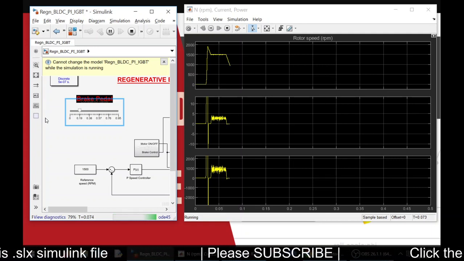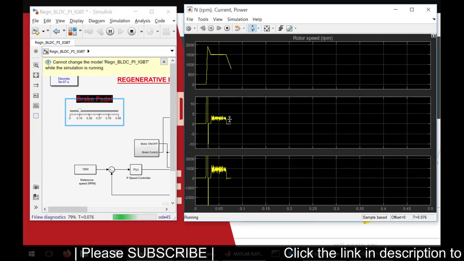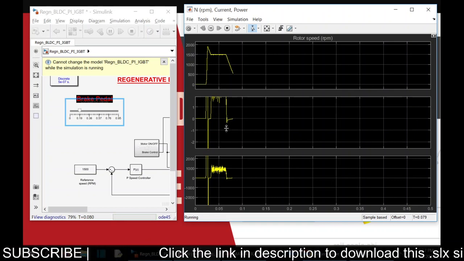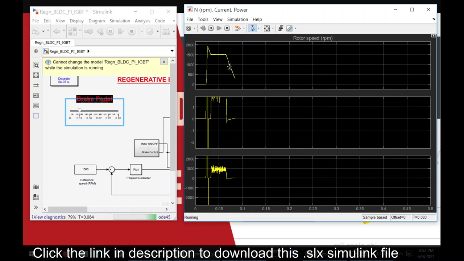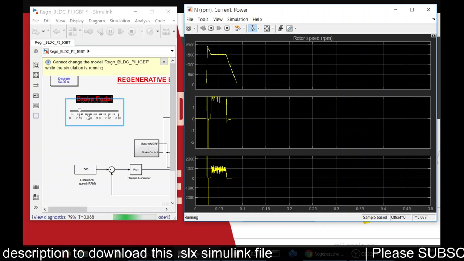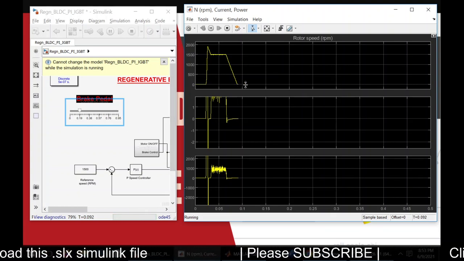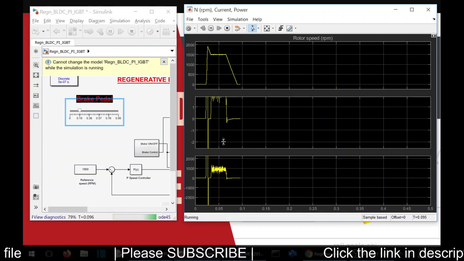Since I have applied a mild brake, the regeneration is also very, very mild, right? So my speed is decreasing slowly since I have applied a mild brake. Okay, now the speed has reached zero.